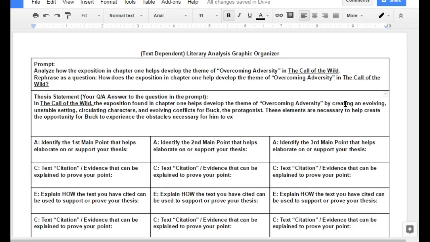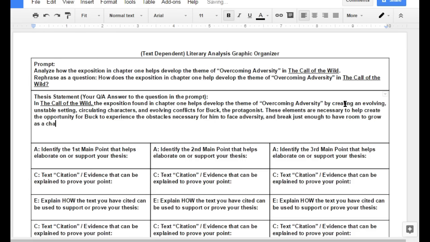But it's okay, it's not even my draft, it's just my graphic organizer. To help create the opportunity for Buck to experience the obstacles necessary for him to face adversity and break just enough to have room to grow as a character.